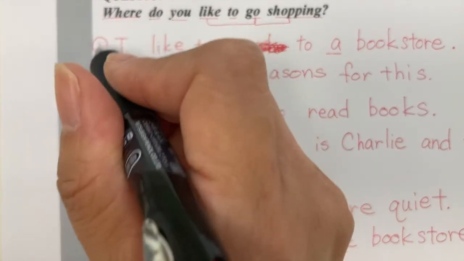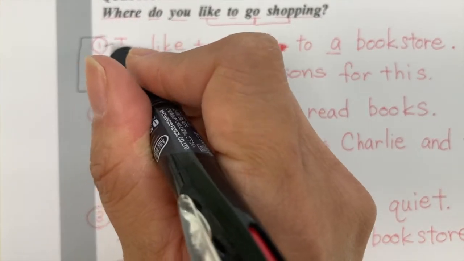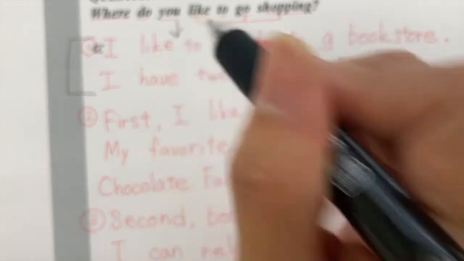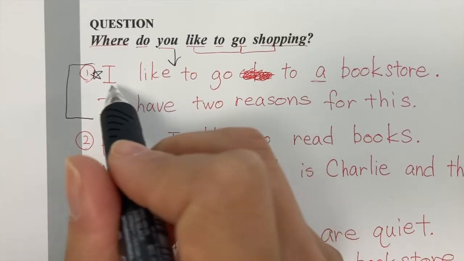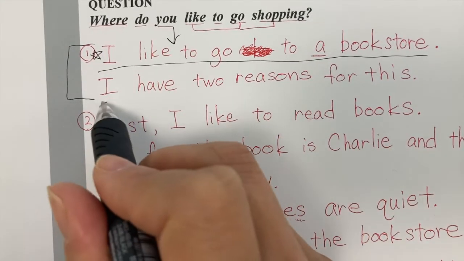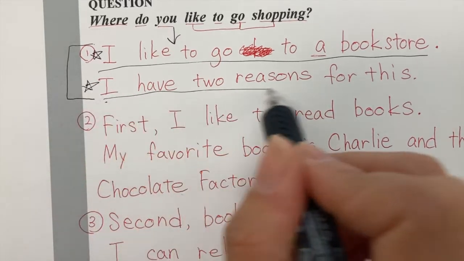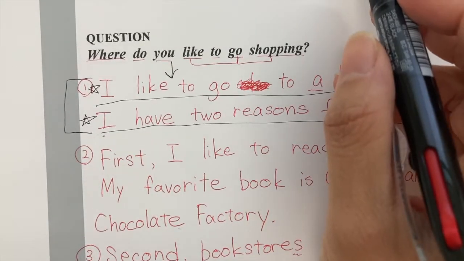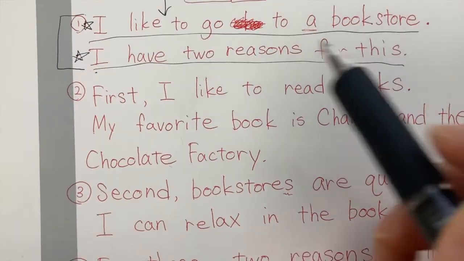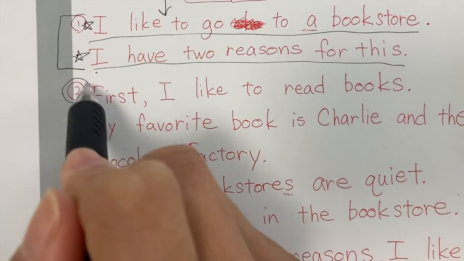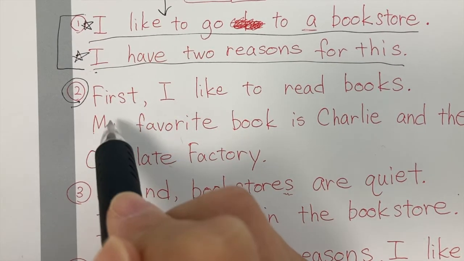Remember, you actually answer the question in the first sentence. And then you always write this: I have two reasons for this. Because you always need two reasons. And then you have your first reason.